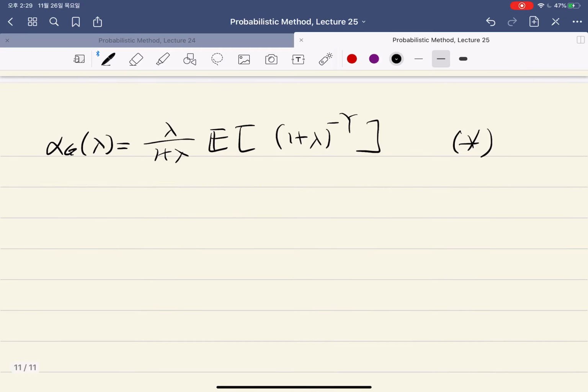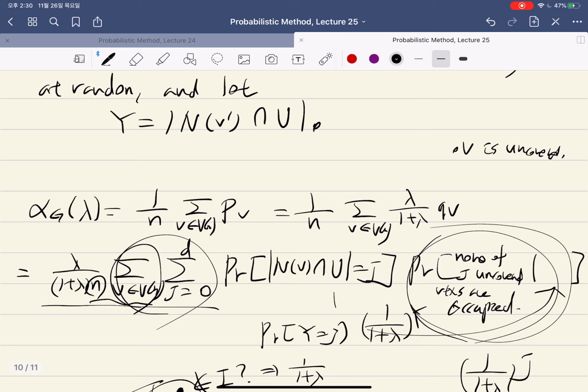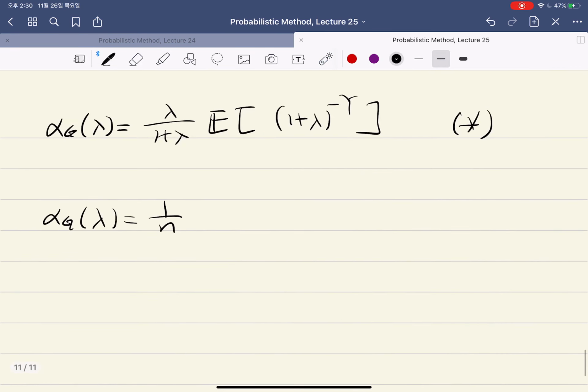And another way is that, as we have above, here these two are the same. Summation of B in V(G), lambda over 1 plus lambda, qB.